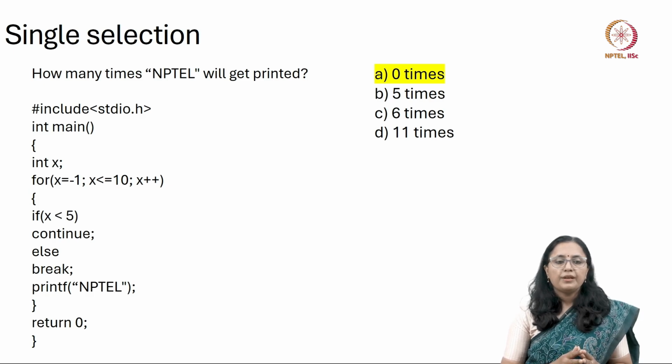So the right answer is 0 times, and now we understand that in a multiple choice question there is a key and then there are distractors.